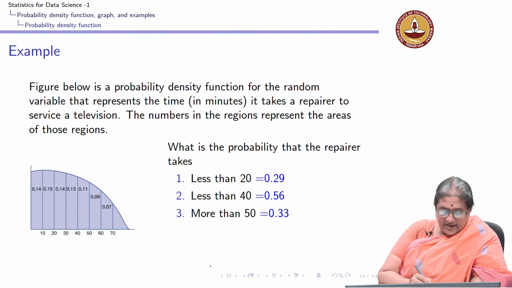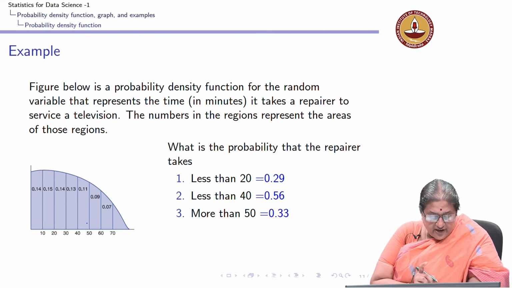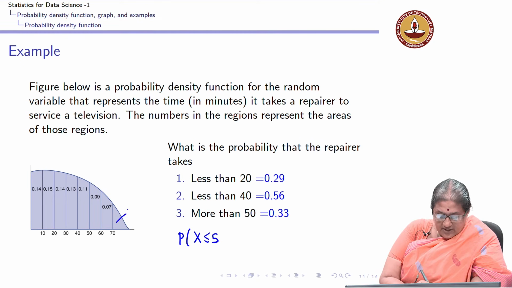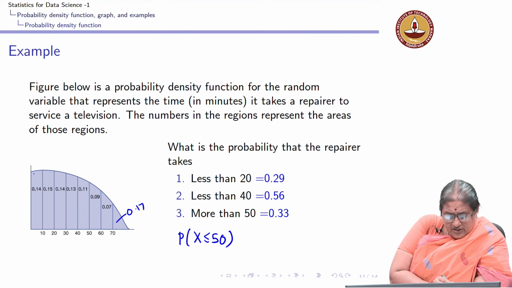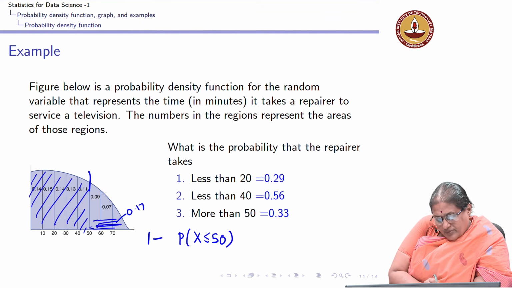What is the chance that it is going to be greater than 50? Now, there are two ways I can find greater than 50. One is, remember this was 0.17, probability x is less than 50, because this is the chance that it is less than 50, and this is going to be 1 minus probability it is less than 50, that would give me this probability.